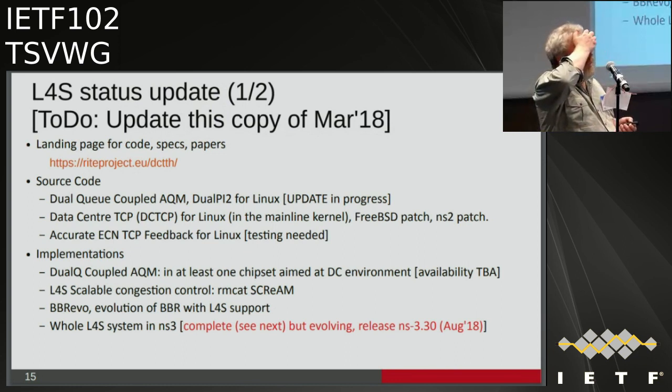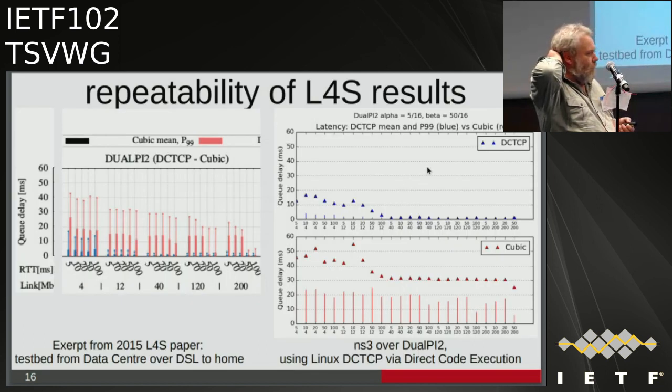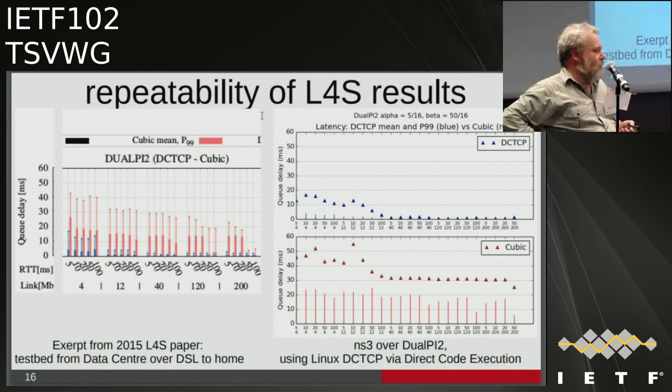So there's a couple of status updates on L4S, and I just want to pick out one thing on this, and that is the implementation at the bottom there in NS3 is complete, but still evolving. Will be released August 18. That slipped from the last time I said it, and it's been validated by comparing with the original L4S experiments, which are on the left, and essentially very similar results.